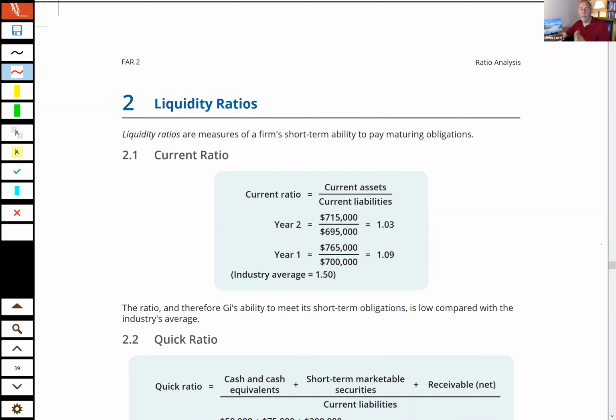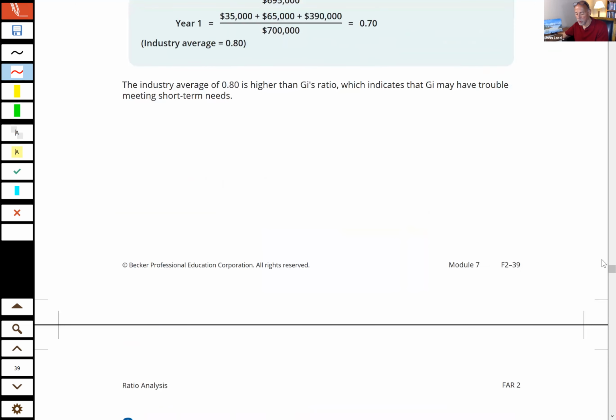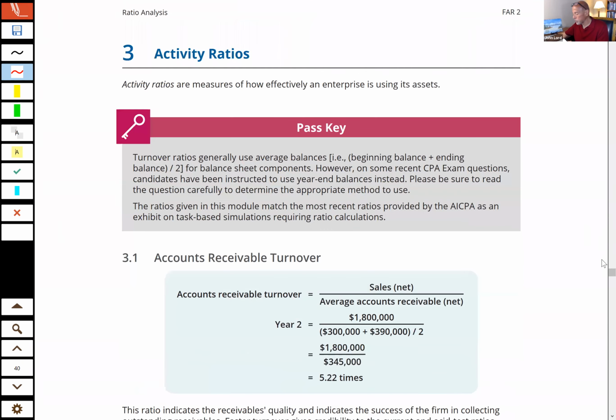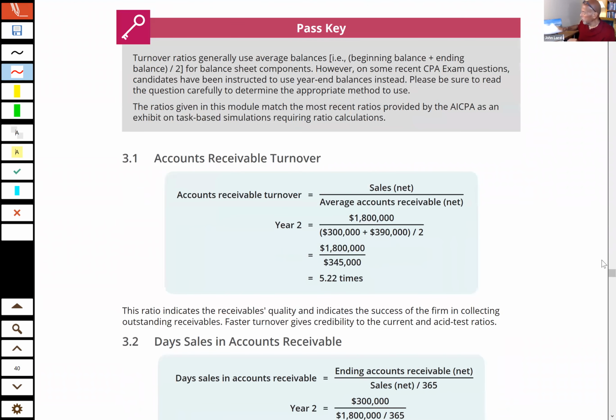Have them available, memorize the ratio, and then come in and work the questions here, and you'll be in good shape for the ratios. But I don't think we need to sit here and go through it together.